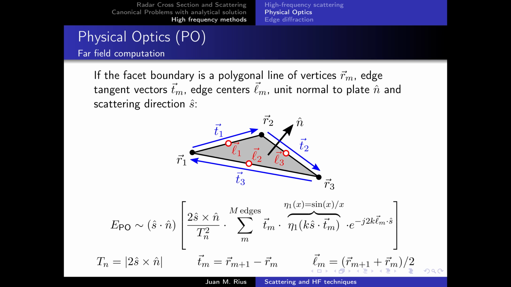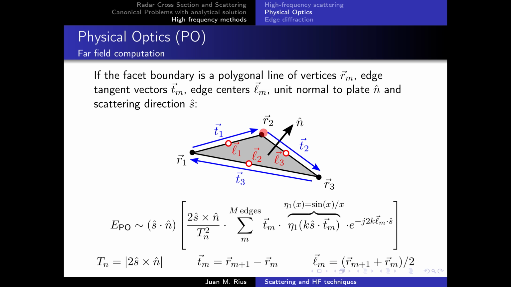The formula for computing the physical optics surface integral in a planar facet is the following. The different magnitudes in the formula are defined as follows. We have in this example a triangle, but it can be a planar polygonal facet. It is important that it is planar, but it can be a polygonal facet of any number of sides.